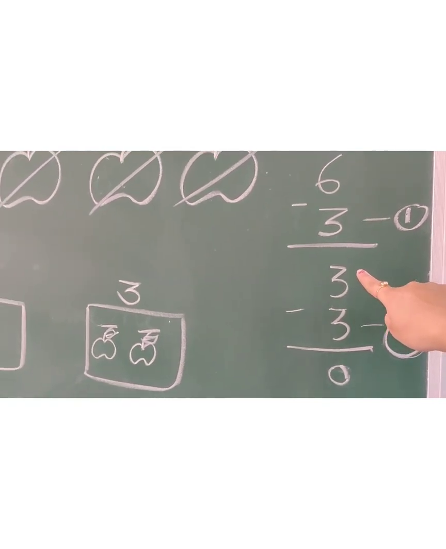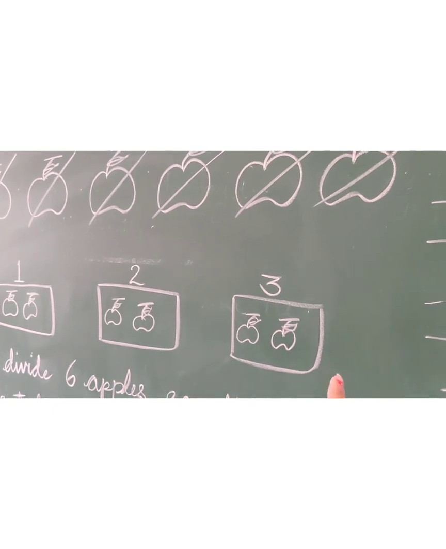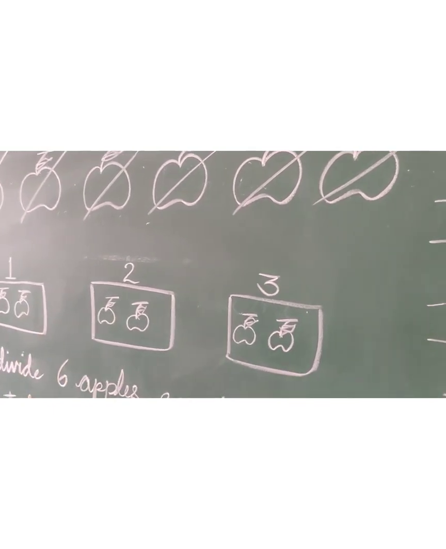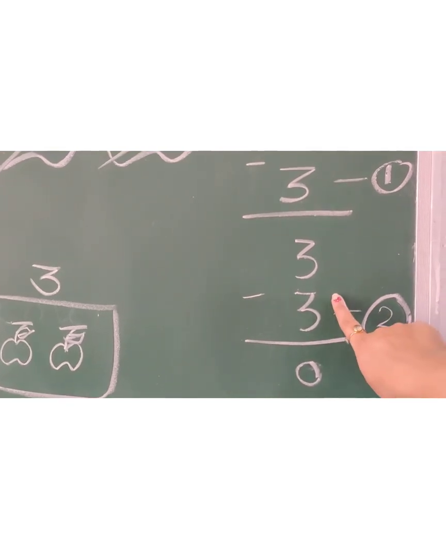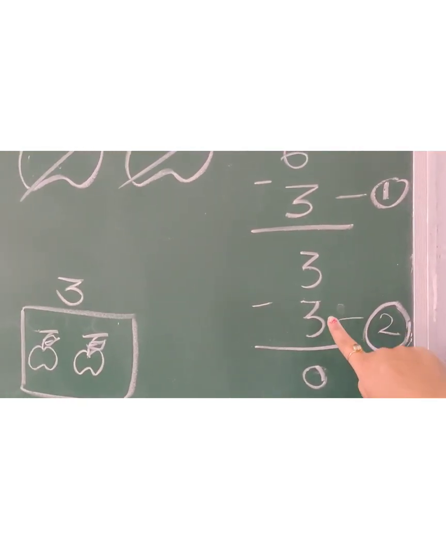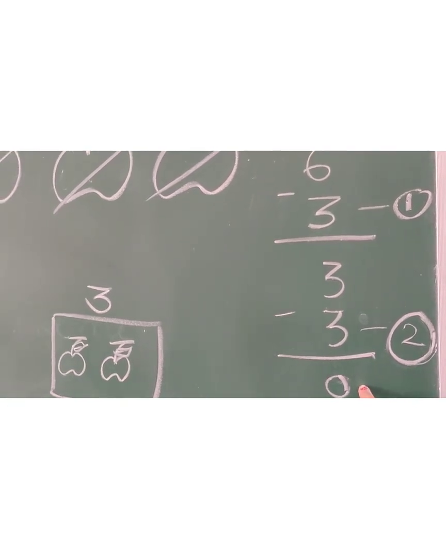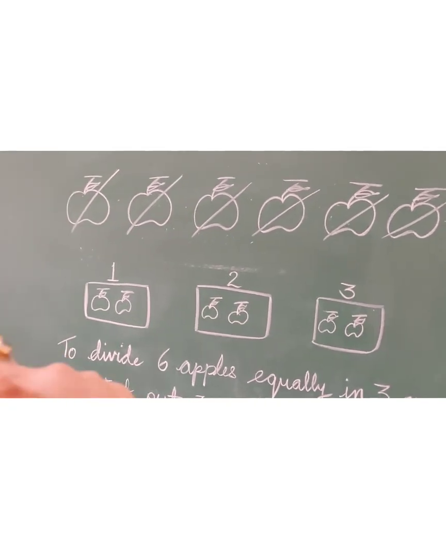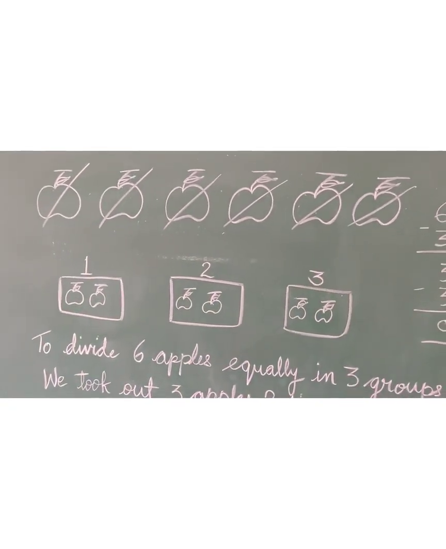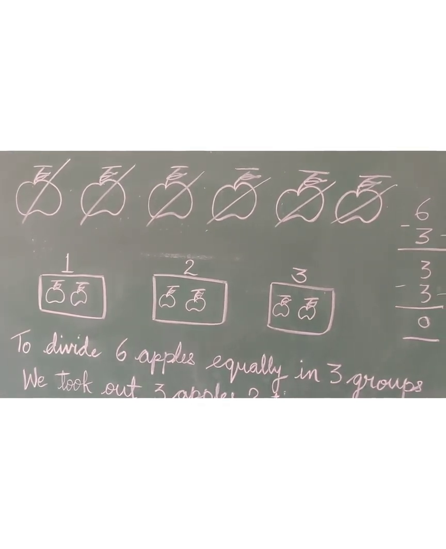So again we gave one apple to these three groups. That means again we subtracted 3. So we finally got 0. That means we distributed these 6 apples equally in 3 groups.